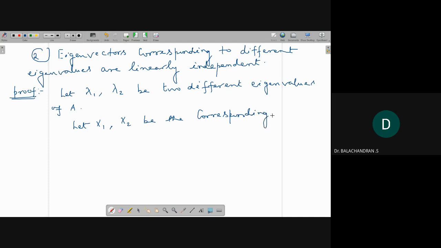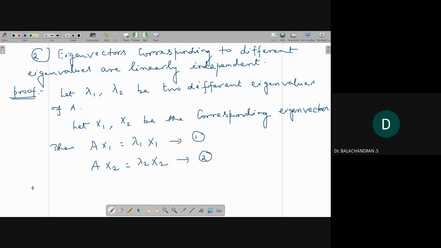Then you can write Ax1 equal to lambda 1 x1, which is equation 1, and then Ax2 equal to lambda 2 x2, this is equation 2.